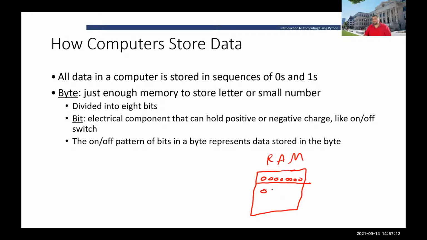And this one, 0, 0, 0, 0, 0, 0, 0, 1. So this is how we store the data in the main memory of the computer. And each combination means I'm executing a kind of instruction that has been compiled by the compiler or the interpreter.